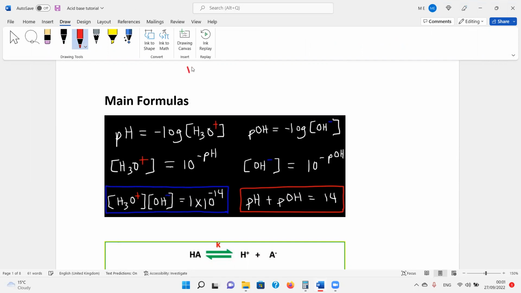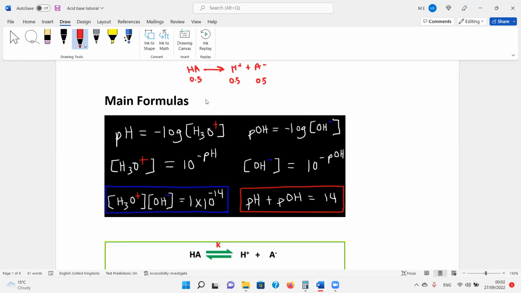So if you have a strong acid, which is HA, and you dissolve this in water, it will dissociate fully to give H plus and A minus. That means if you started with 0.5 molar of this one, after you dissolve in water, this will no longer exist in that form, and it will exist as 0.5 moles of this and 0.5 moles of that.